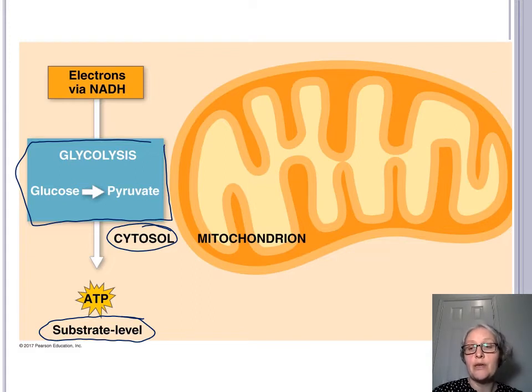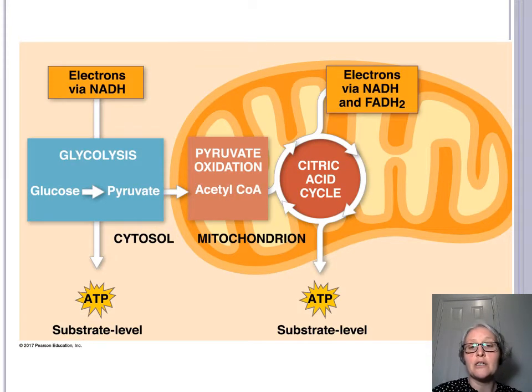The next step is pyruvate oxidation and the citric acid cycle. Pyruvate oxidation and the citric acid cycle take place inside the matrix of the mitochondria. So we can see step 2 happening there in the matrix of the mitochondria. And this is also going to make ATP through substrate level phosphorylation as well.